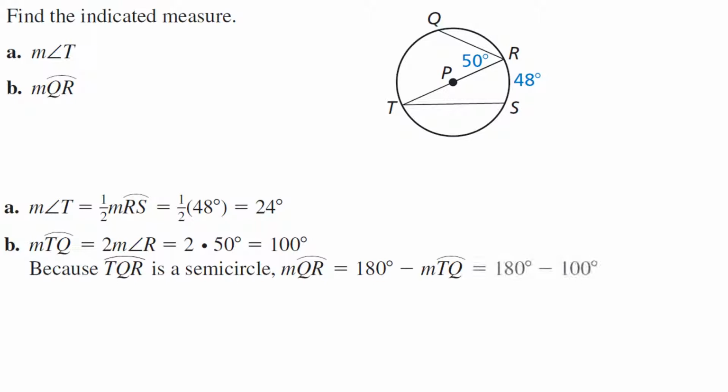So the piece we don't really want that measures 100 degrees will actually help me find the piece that I do want. Because 180 degrees is semicircle, subtract 100 degrees, that's the measure of arc TQ, leaves us with just 80 degrees, which is the measure of the arc we do want, the measure of arc QR.